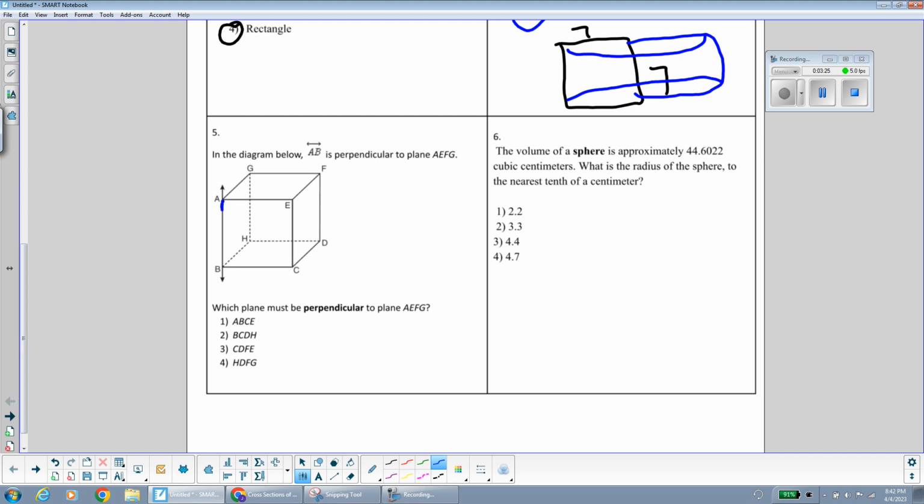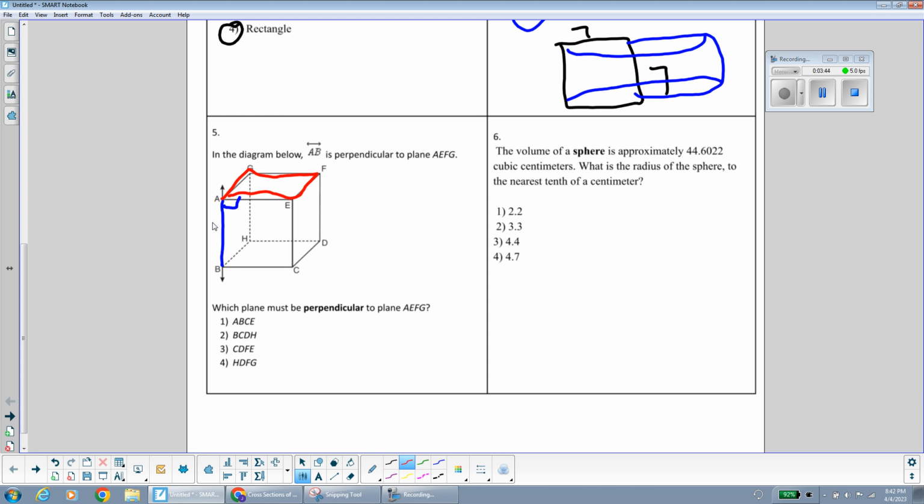AB is perpendicular to plane AEFG. And let me just highlight plane AEFG. So which plane must be perpendicular to plane AEFG?